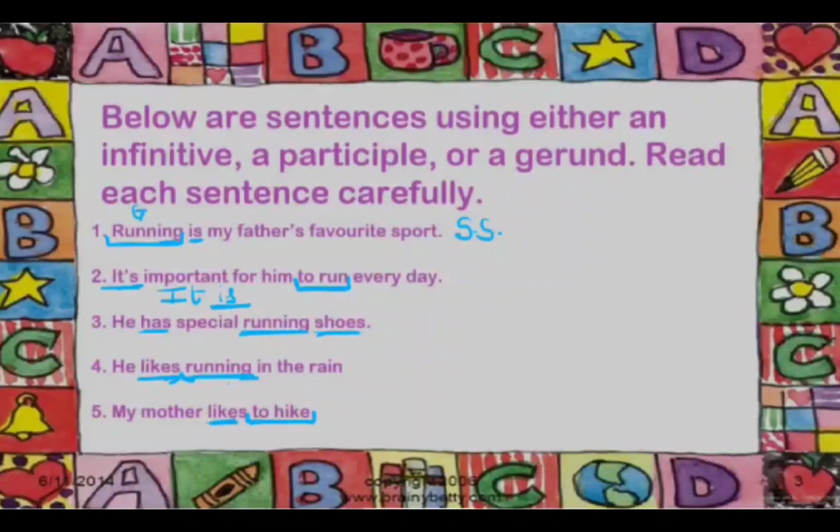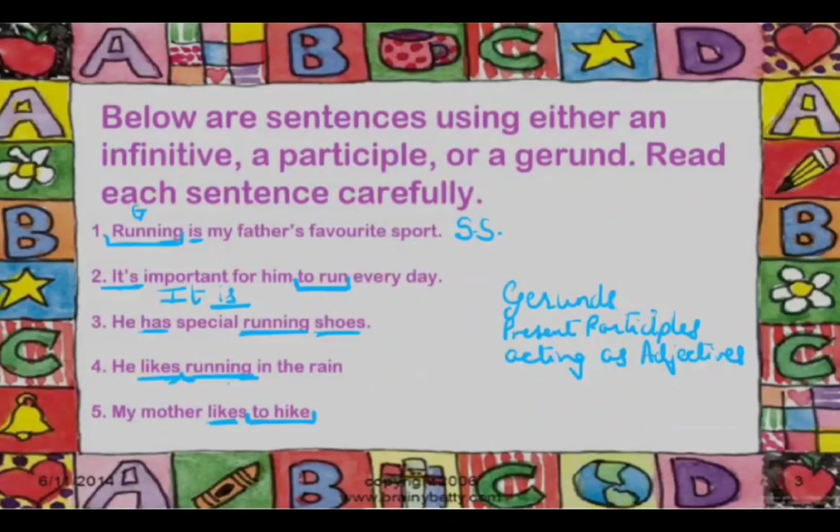Understanding, children? So if you have to identify a simple sentence, you'll have to beware of gerunds, participles, present participles acting as adjectives, and you have to beware of infinitives.